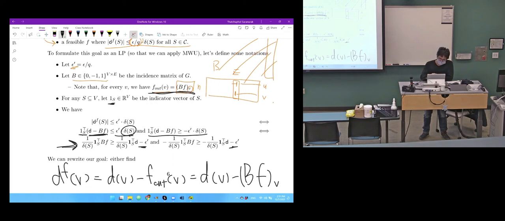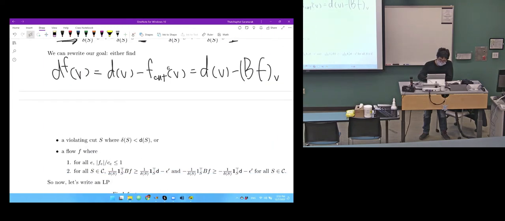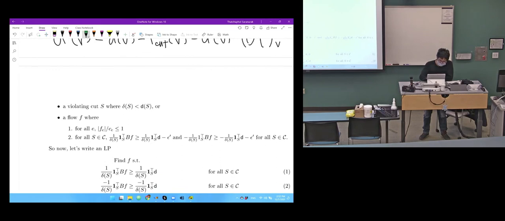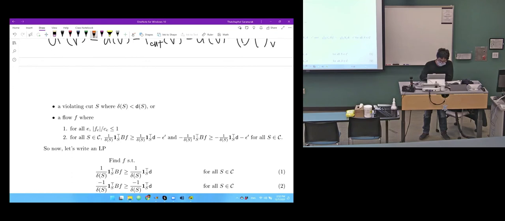Okay. So now we can rewrite our goal, that is, either to find a violating cut or find a flow that is feasible, and for every cut in the family, you have the linear constraints we just wrote above, the two linear constraints.